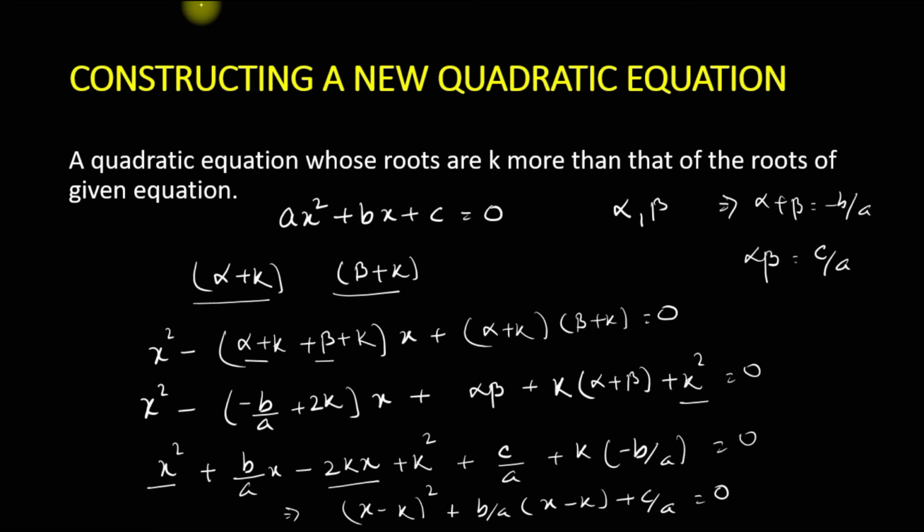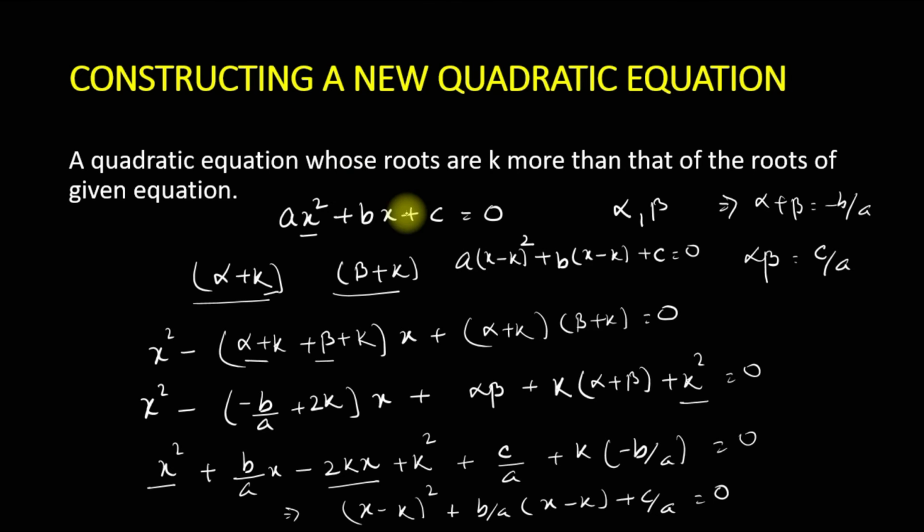Here we see that if the roots are k more, we substitute x minus k in place of x. So the equation becomes a into x minus k whole square plus b into x minus k plus the constant term c, equal to 0.